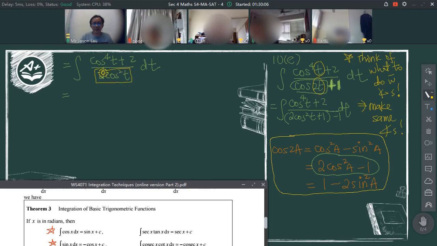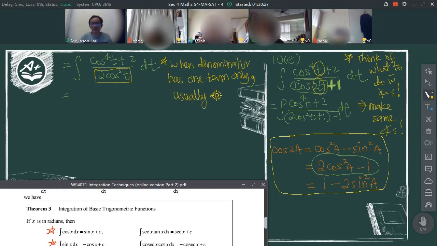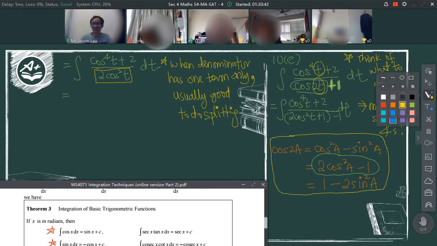When your denominator has only 1 term, it is usually good to split. Not your barely splitting, it's splitting the fraction term. So you split the fraction term into 2 when there's only 1 term.